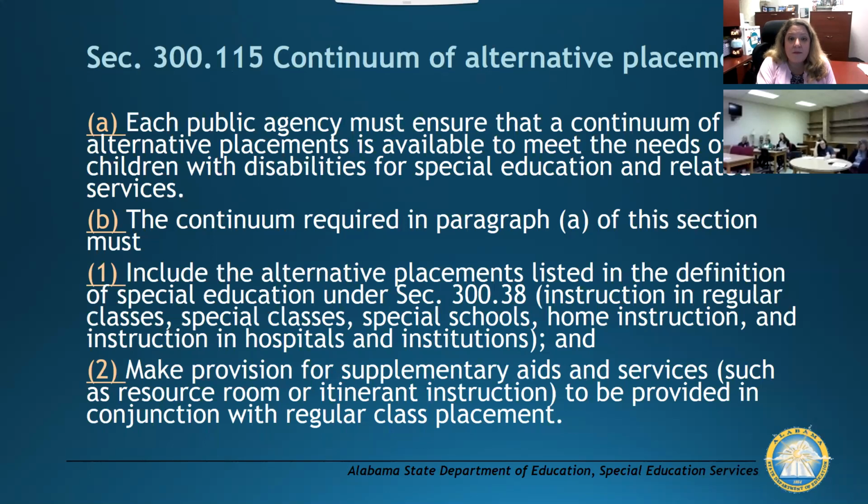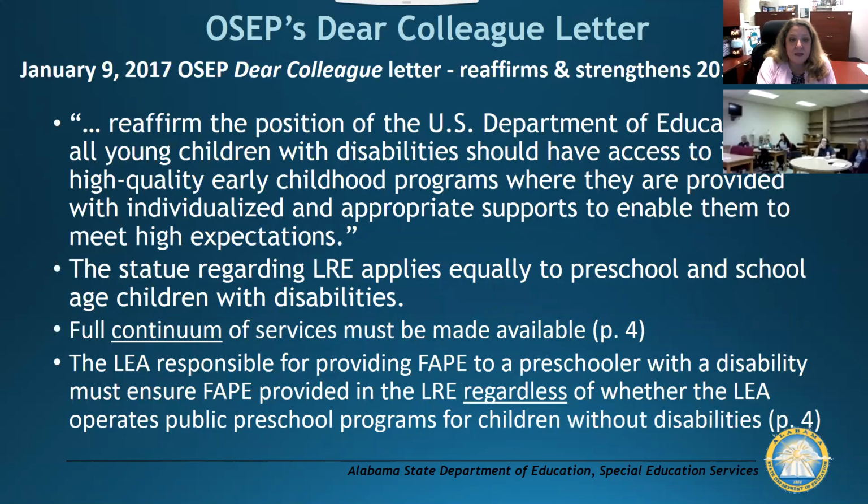Continuing more with the law, it also addresses the inclusion of preschoolers by extending the LRE environment to children with disabilities ages 3 through 5. In January 2017, OSEP issued a Dear Colleague letter, and this was a follow-up on the 2012 guidance.